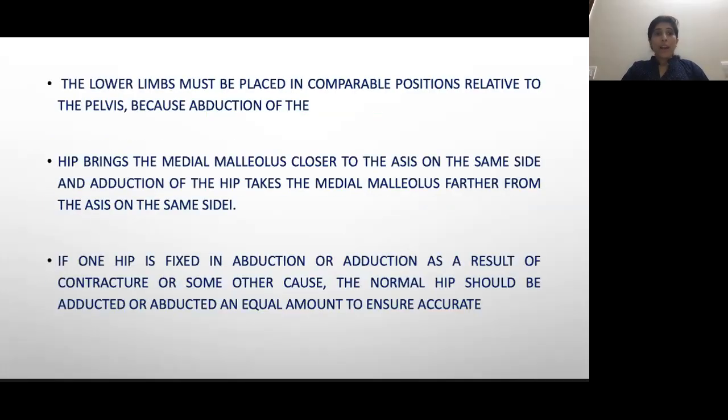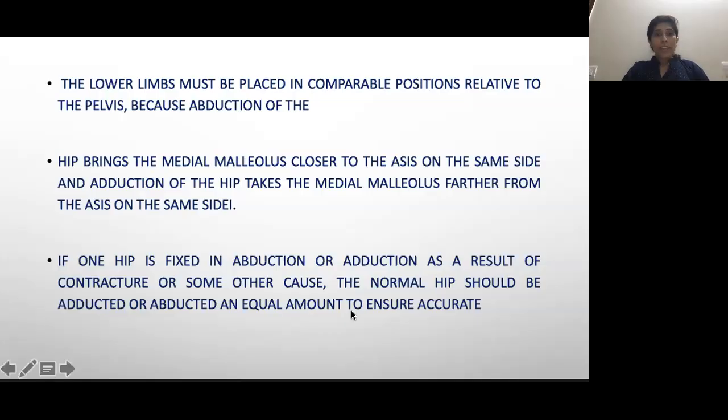If one lower extremity is in the abducted position, then it brings the medial malleolus closer to the ASIS on the same side. And if the extremity is kept in excessive adduction, then it takes the medial malleolus further from the ASIS of the same side.